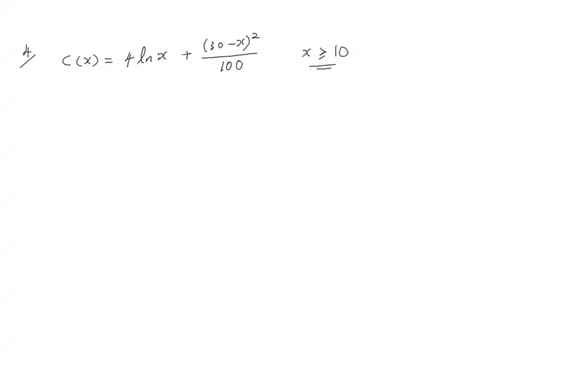If you plot this graph, okay, I took the effort to plot this graph. If you plot C(X) against X, we know that X cannot be 0, definitely. So the graph will go like that.